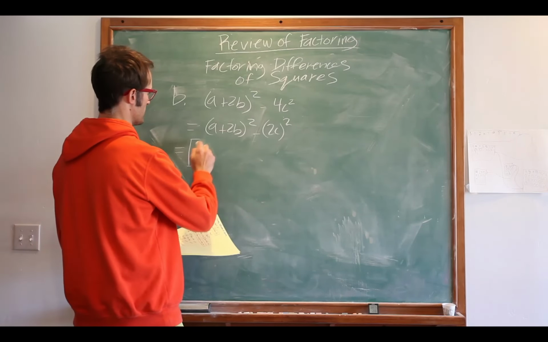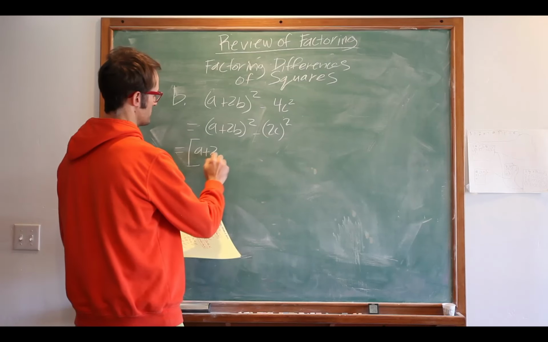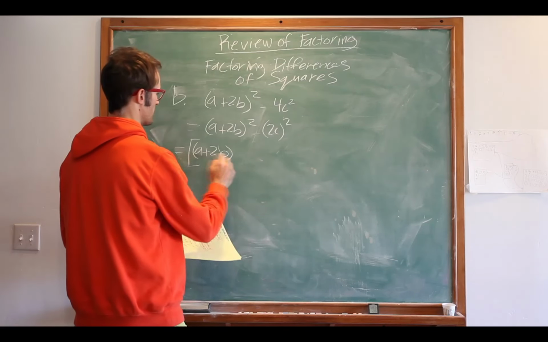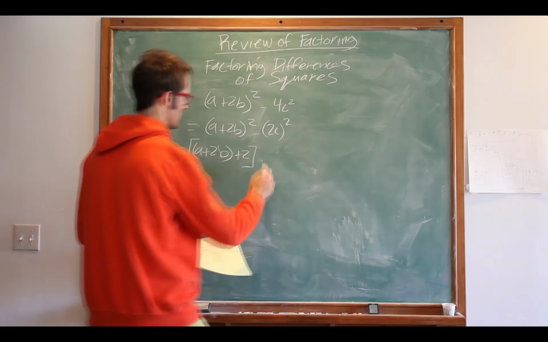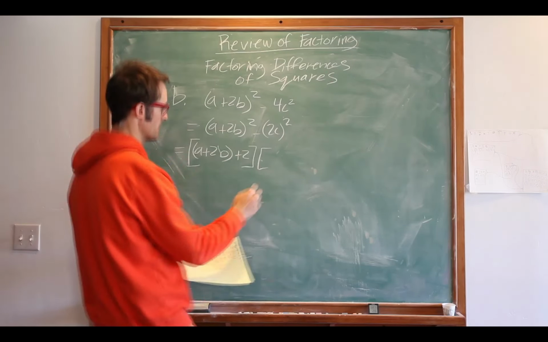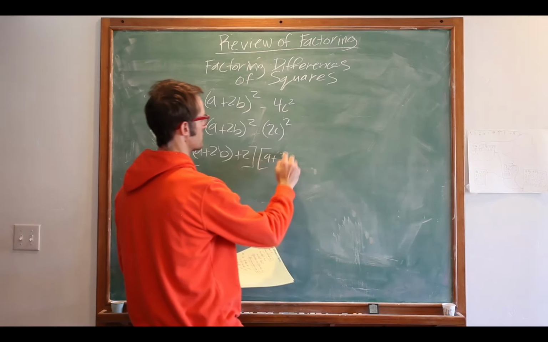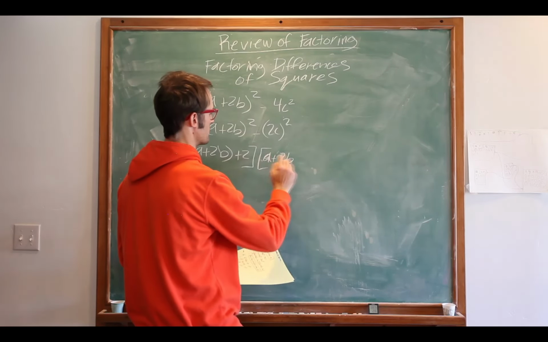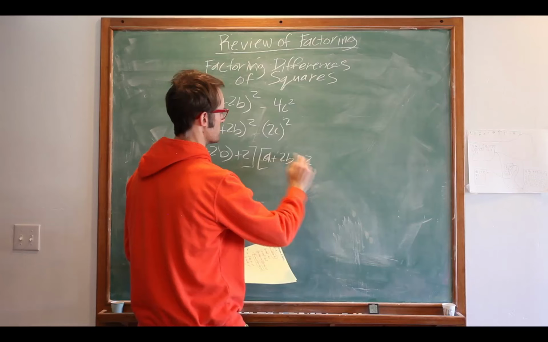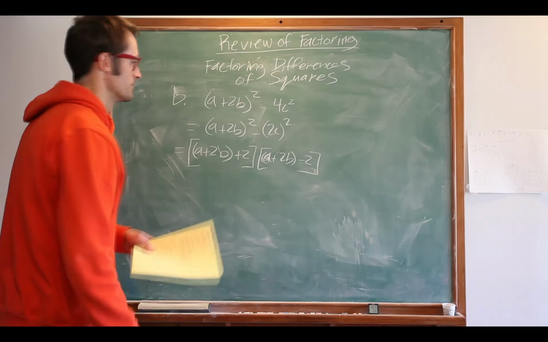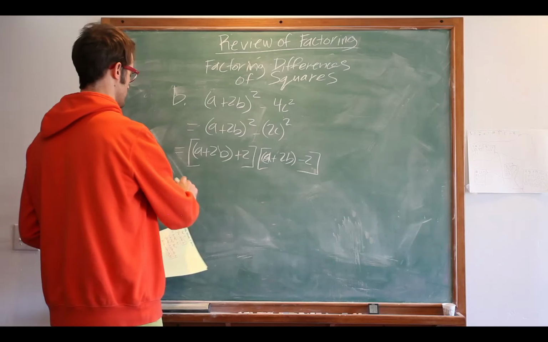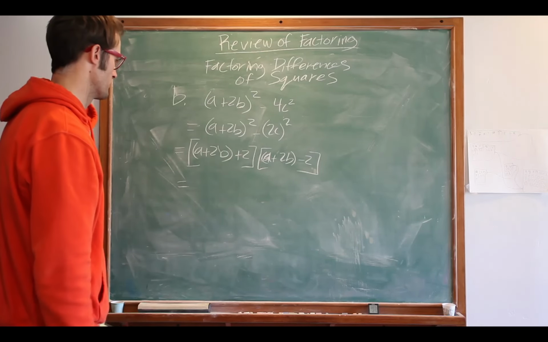So let's do it like this: a plus 2b plus 2c, and then a plus 2b minus 2c. And then these actually just become the two terms, the big grouping of them.